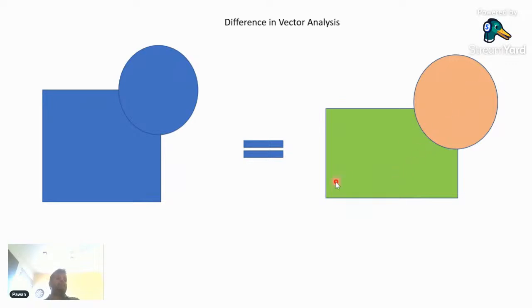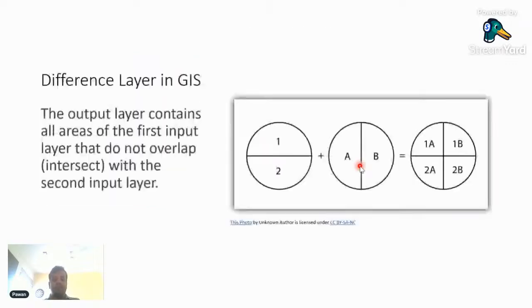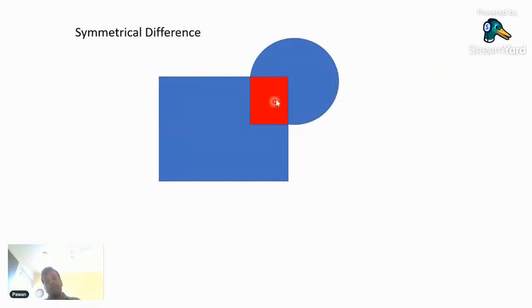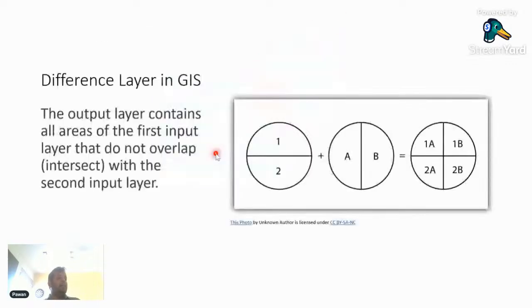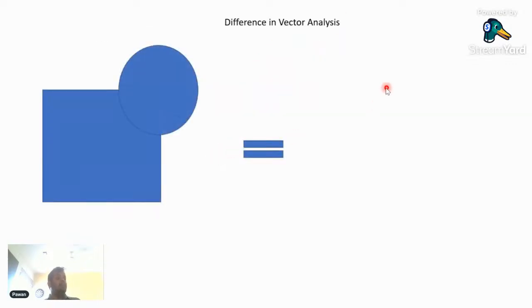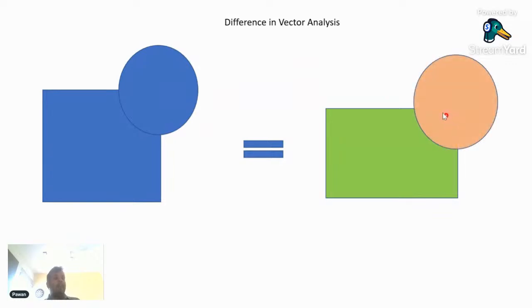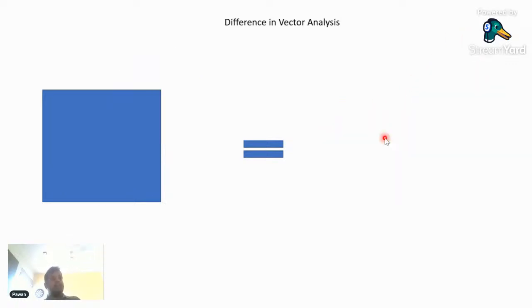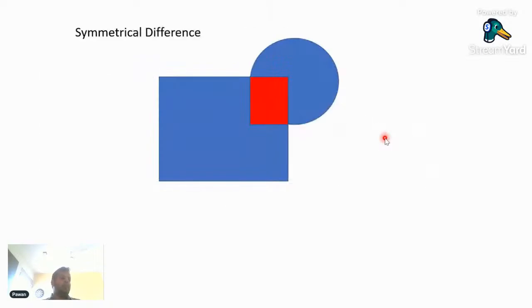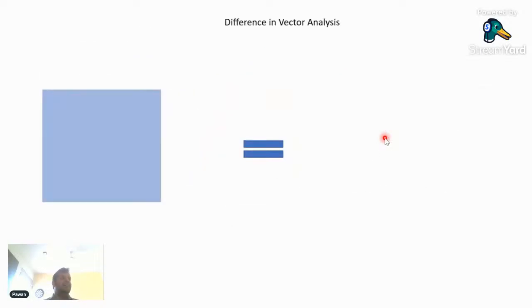And that is the difference. Here, the difference was that it will not consider this red area, it will only consider these two blue areas out here. Here, the difference is it will consider the whole area which is merged, but it will retain its own geometric properties, right? Here, it doesn't retain its own geometric properties. That is the difference, symmetrical difference and difference.